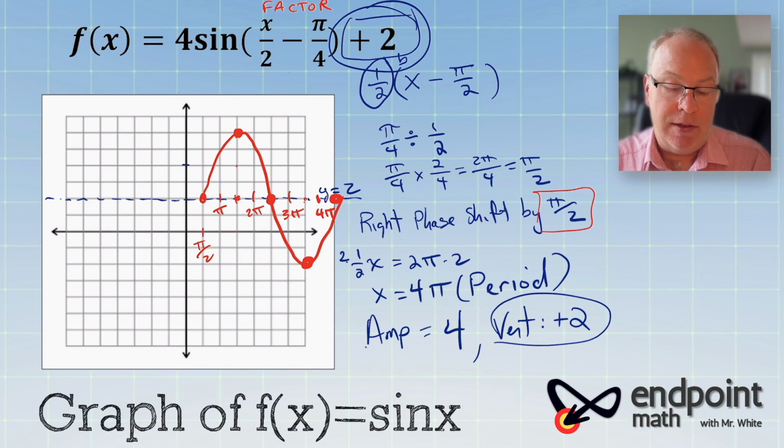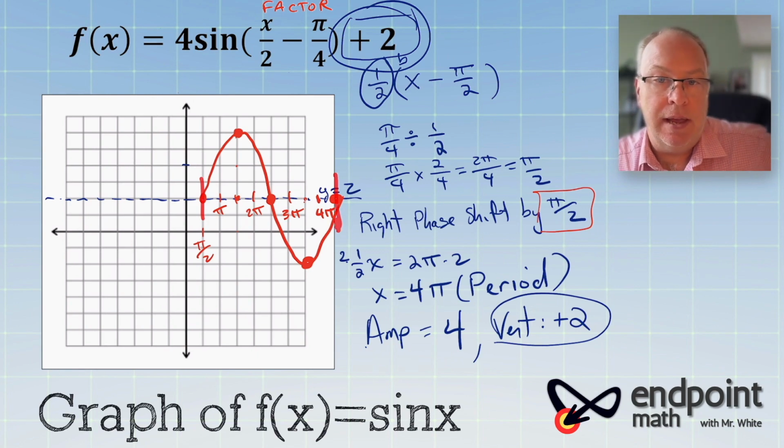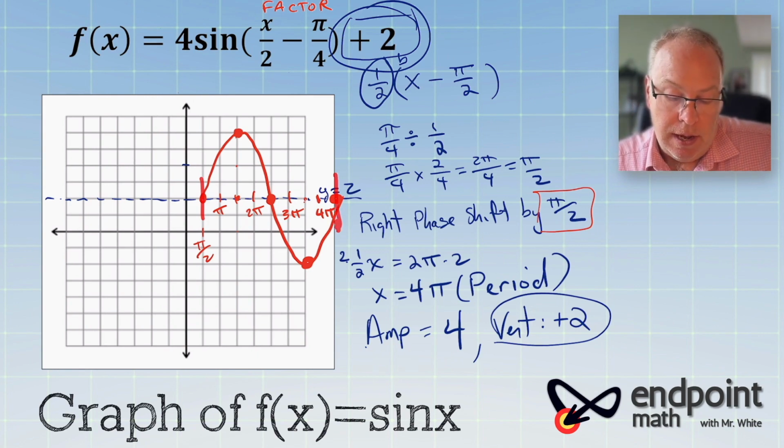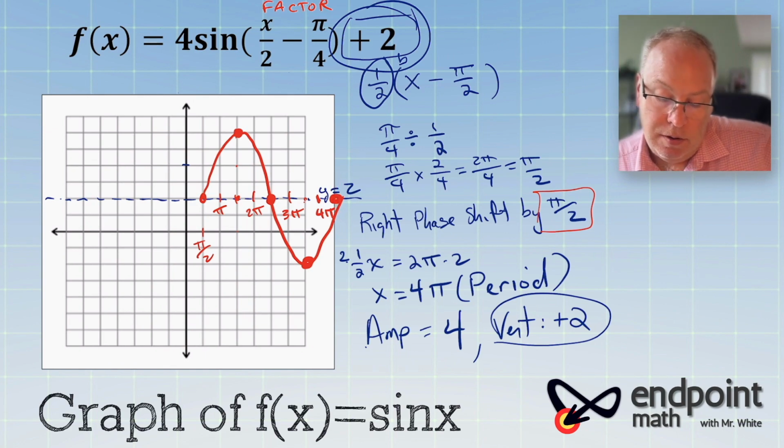So instead of pi over 2, it took an entire 4 pi seconds, or whatever the heck it is, to finish. And since it started at pi over 2, it had to end at 9 pi over 2. Okay, or I'm sorry, my brain is locking up here, so this would be 4 pi, this would be 8 pi over 2, 9 pi over 2. There we go, 9 pi over 2.